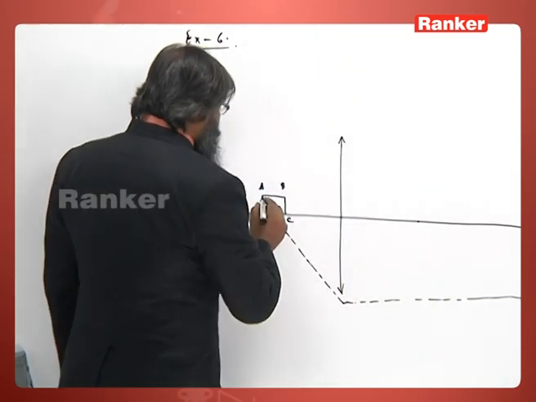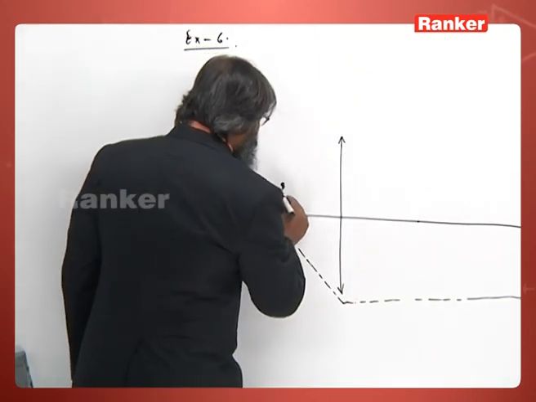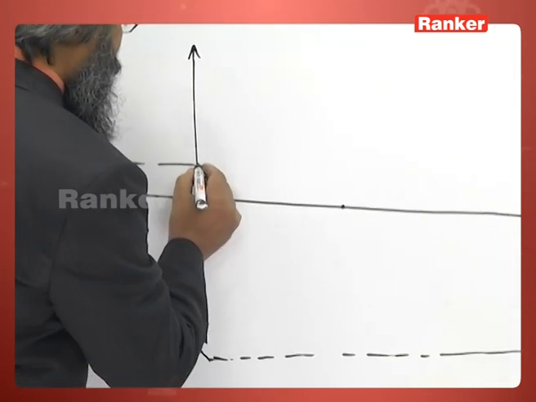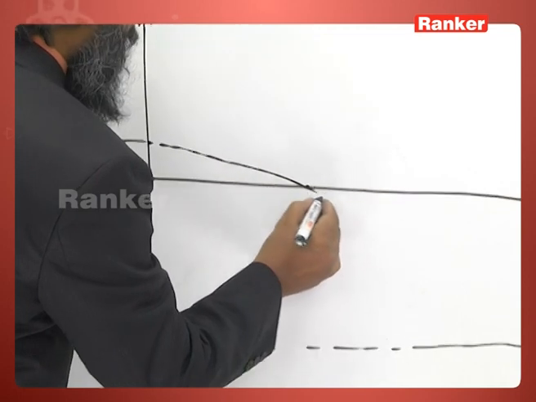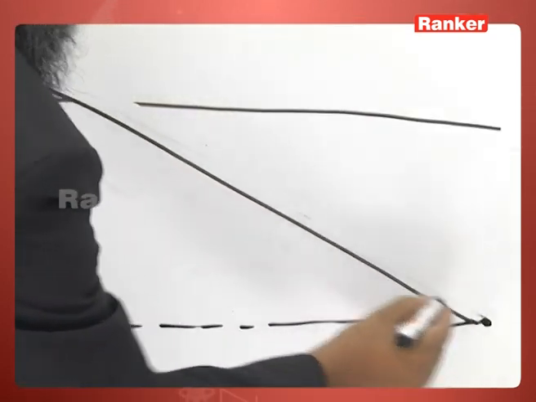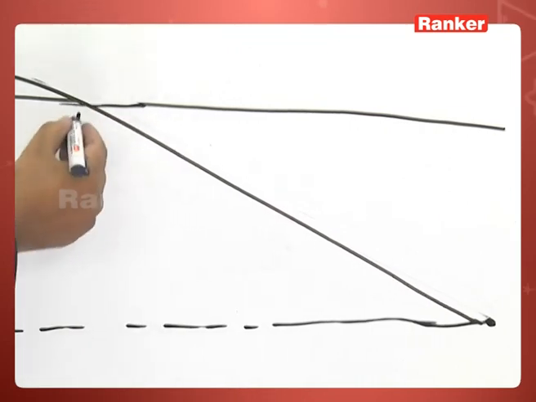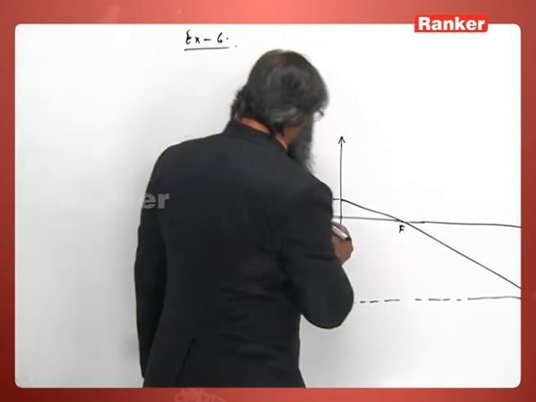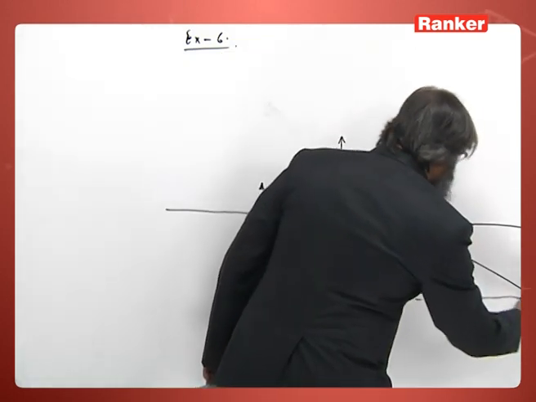And suppose a ray is parallel to this. If I draw, then this focus is here. It will pass through the focus. This is the focus, and they are going to meet. So the image of A is here at A dash.